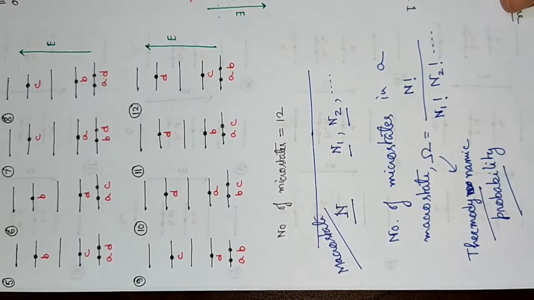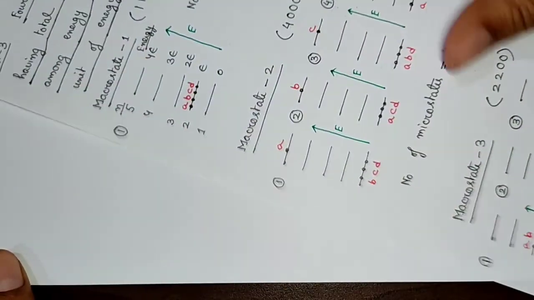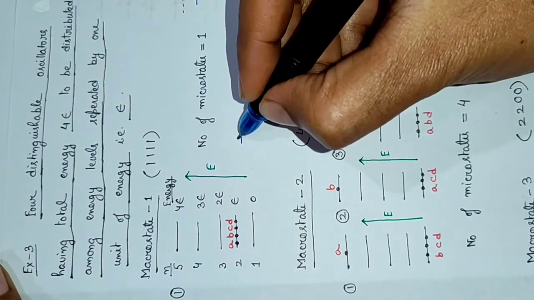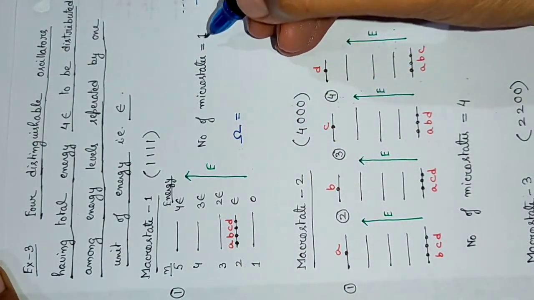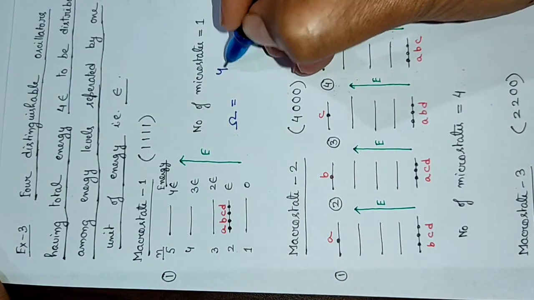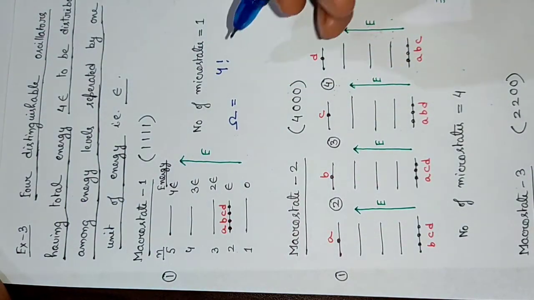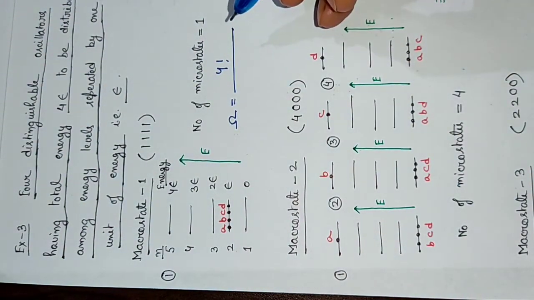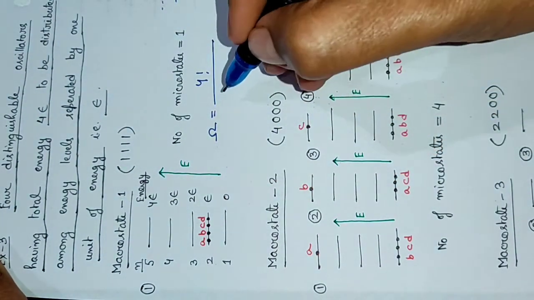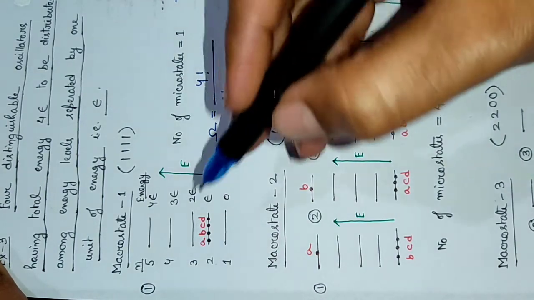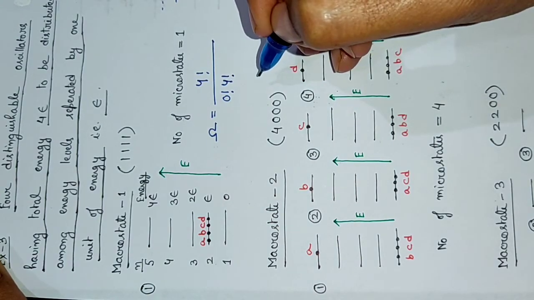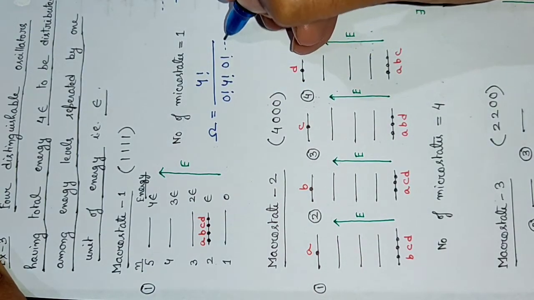So we have here the first one. This one is macrostate 1. So omega must be equal to 1 since this is the number of microstates for this macrostate. Now using the formula we will have 4 factorial, because in total we have 4 particles, and the number of particles in the first level is 0, so it will be 0 factorial. 4 particles are present in this level, so it will be 4 factorial, then 0 factorial, and so on.